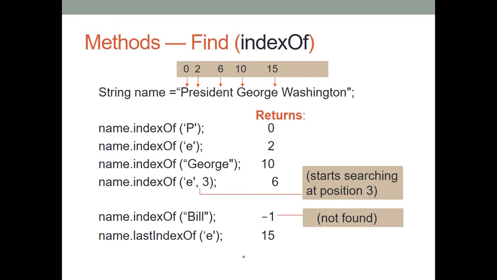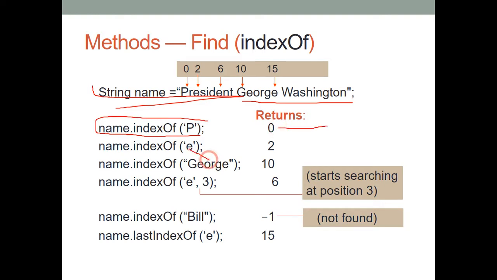So for example, if you have a string, and this string is the name, president George Washington, and if you find which index number is p, it will return 0. If you find e, e is 2, 0 is p. 10 you already know, g.